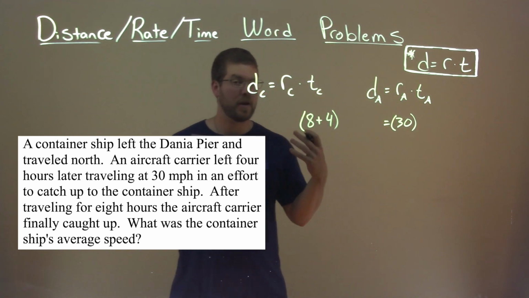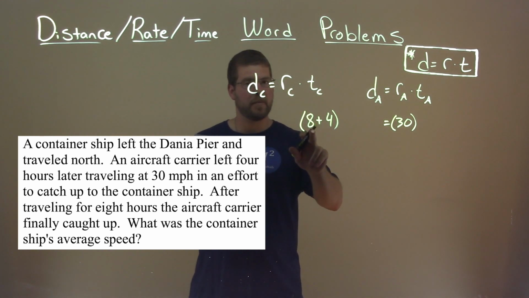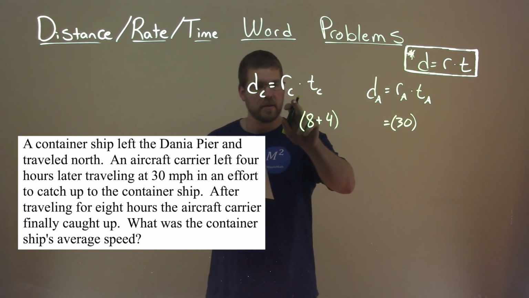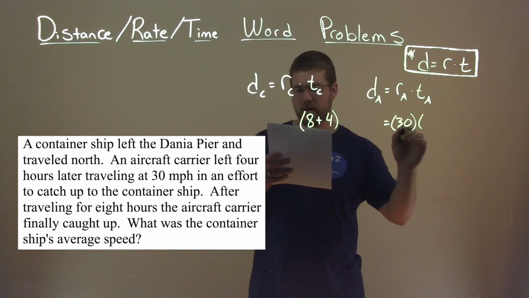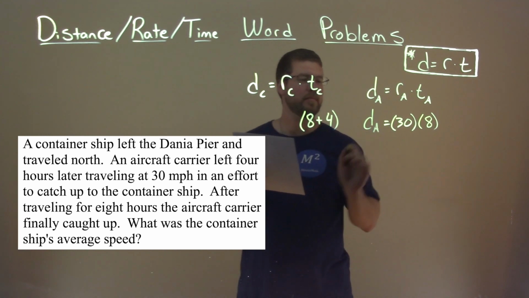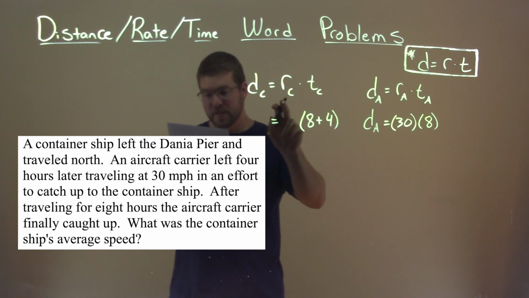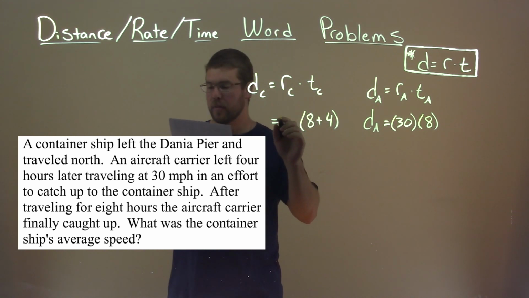So the overall time would be 8 plus 4 for the container ship, and the aircraft carrier would be 8 hours here. That's equal to the distance here. And what we want to find is the rate of the container ship.